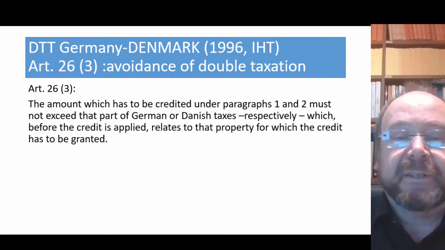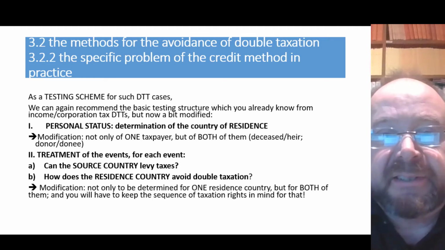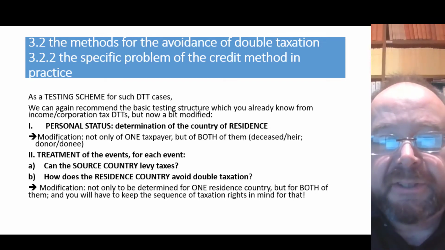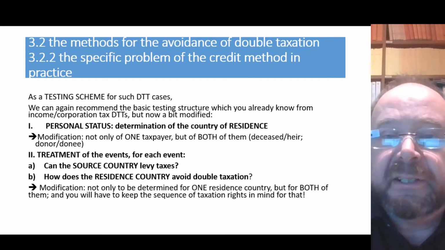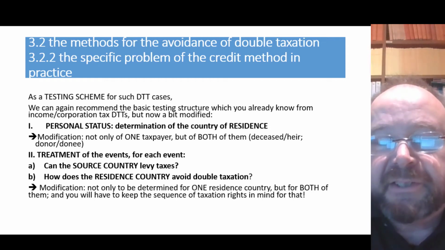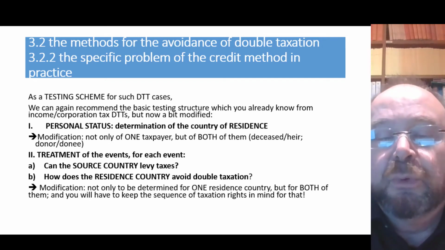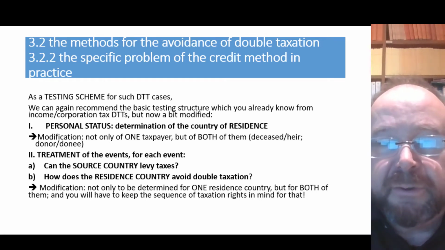So very simple. When it comes to a testing scheme for double taxation treaty cases, you can again orientate yourself on the basic testing structure, which you know already from income tax DTTs, but now you should modify it a bit. First, the personal status of the taxpayer, the determination of the residence country. The modification is that not only one taxpayer is relevant, but two people are involved, the deceased and the heir, or the donor and the donee.